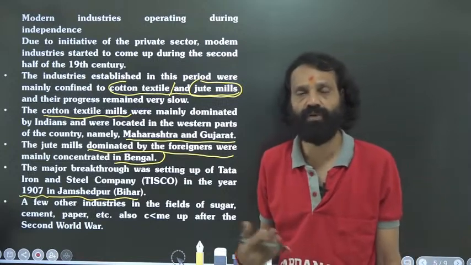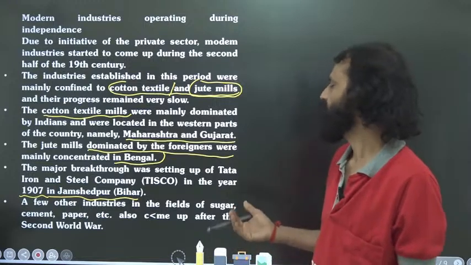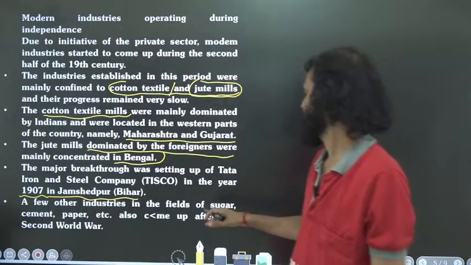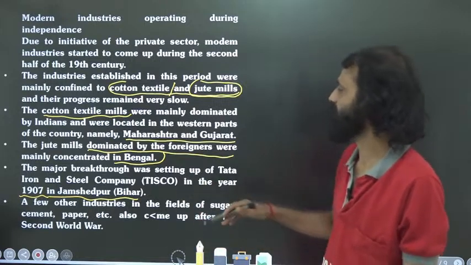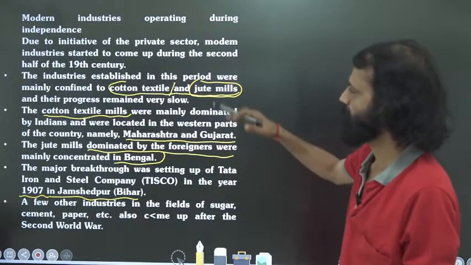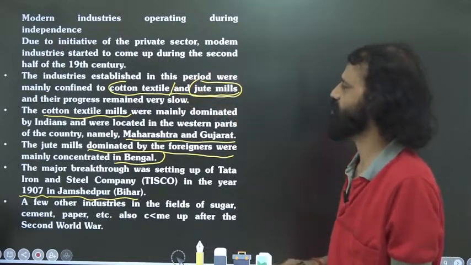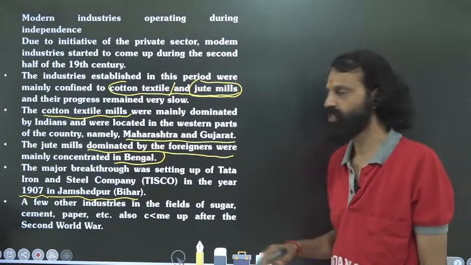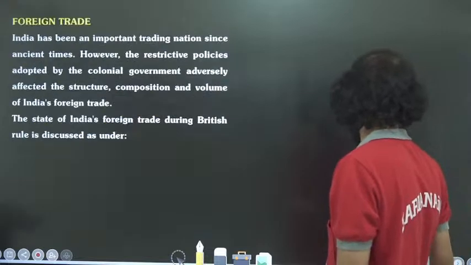After the Second World War, that is after 1947, more companies came up, mainly in sugar, cement, paper, etc. So we could see that after the second half of the 19th century, more companies came to India. That is what we studied in this part.